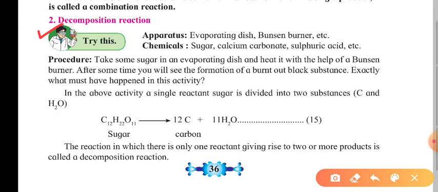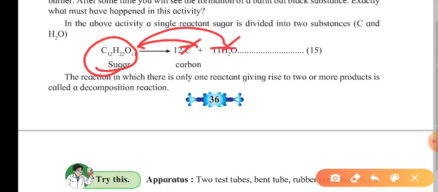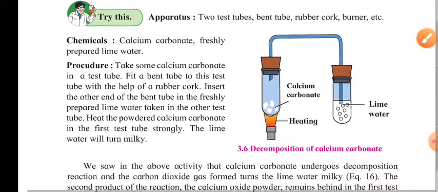The example they have taken here is sugar breaking down into carbon and water. This is an example of a decomposition, because a single reactant is forming two products, and that's why this reaction is an example of a decomposition reaction.